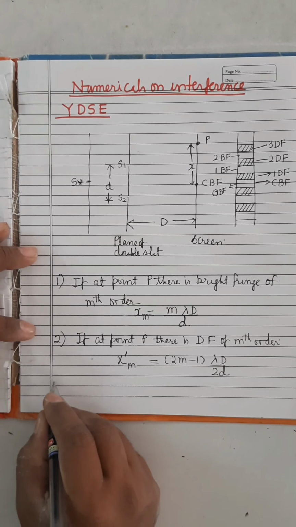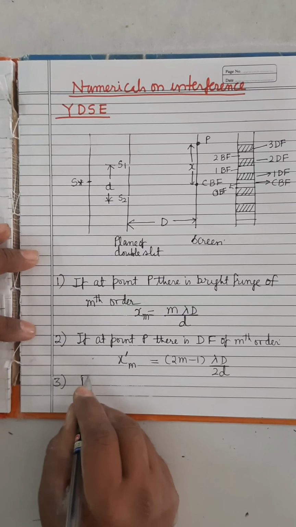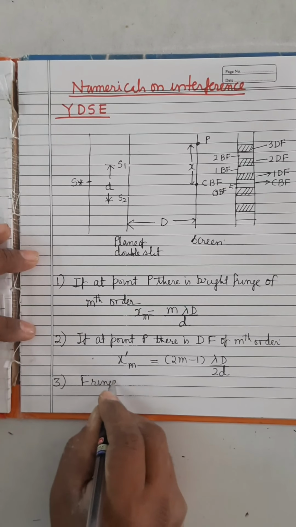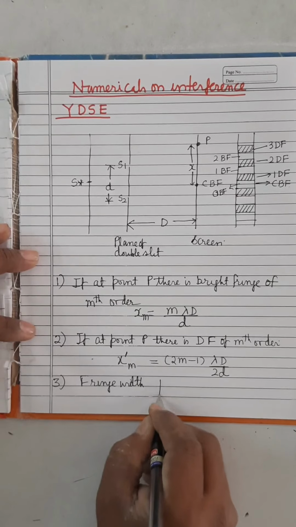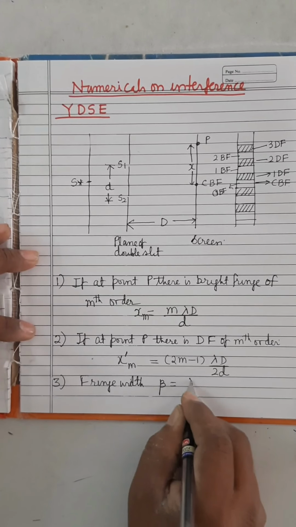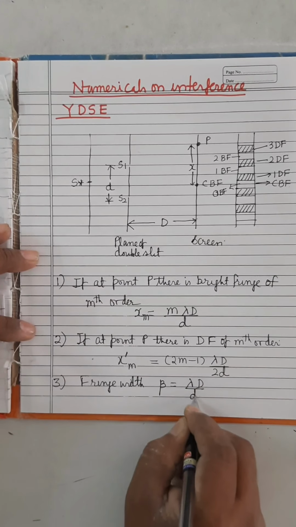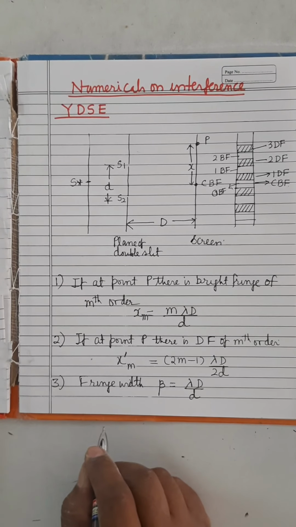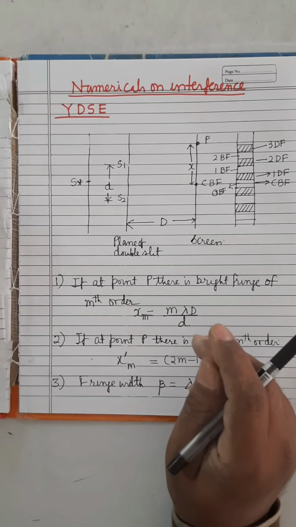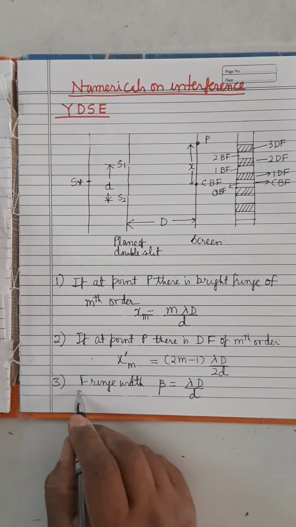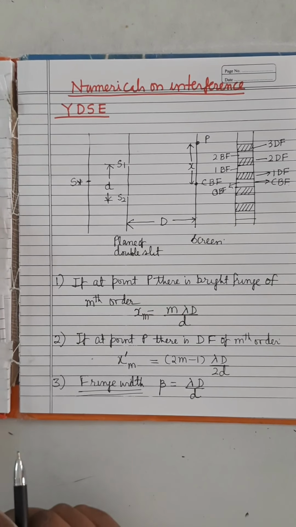Then there is one formula of fringe width. Fringe width beta equals lambda into capital D upon small d. This is the beta. Beta is what? It is the distance between two consecutive dark fringes or the distance between two consecutive bright fringes.